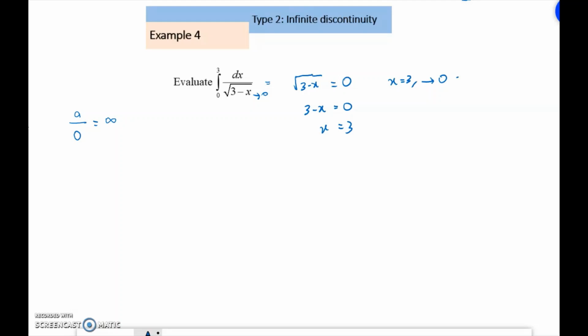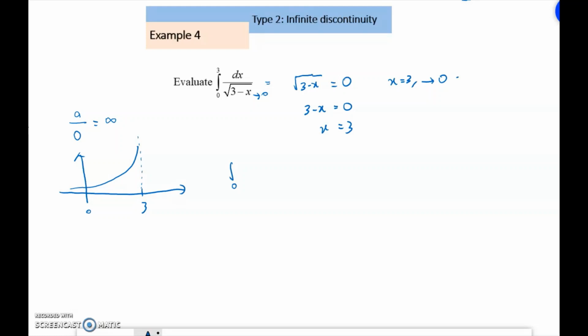If we draw the graph, the interval starts from 0 up to 3. So at x equals to 3, the function will be infinite, discontinuous at x equals to 3.